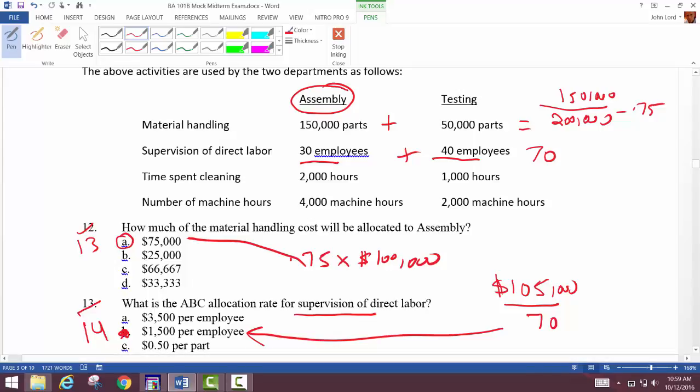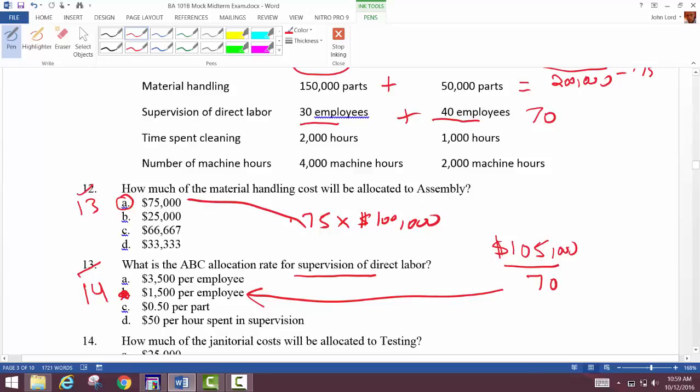So 30 divided by 70, and then, well, they didn't ask for the assembly department. Now, if they asked me for the assembly department's share, then I would take that 1,500 right here per employee, and I would multiply.